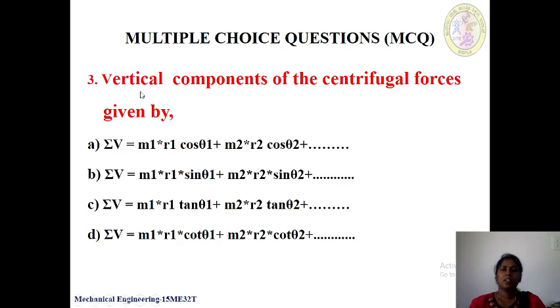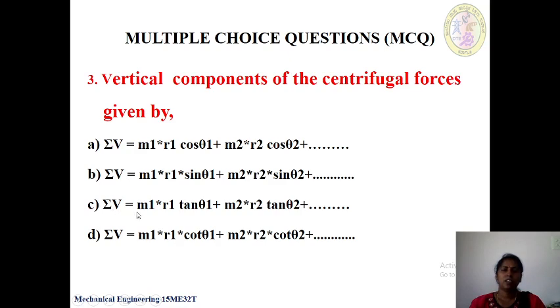Third question, the vertical components of centrifugal forces given by sigma v is equal to m1 into r1 cos theta 1 plus m2 into r2 cos theta 2 plus and so on. Sigma v is equal to m1 into r1 into sin theta 1 plus m2 into r2 into sin theta 2 plus and so on.